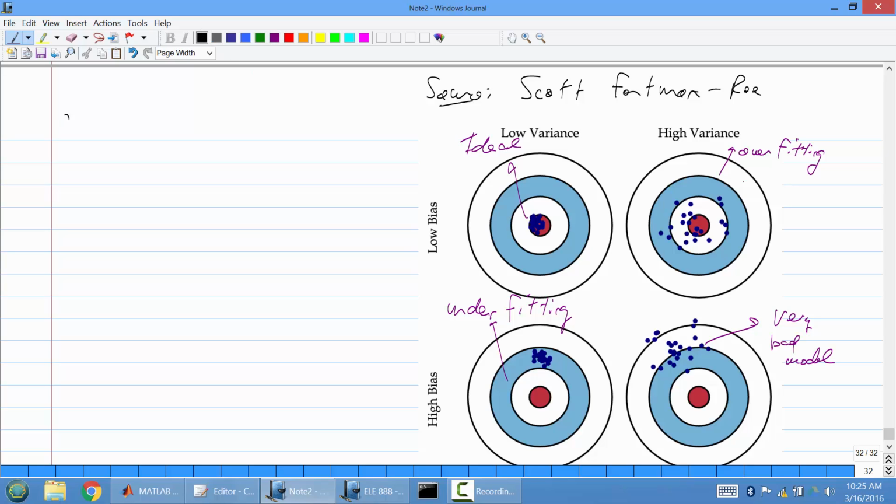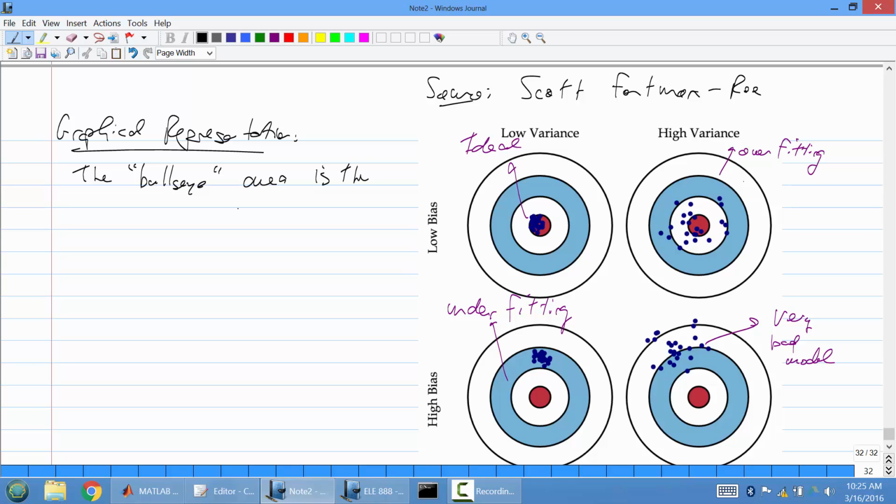So this is a graphical representation. The bullseye area, or the red area, is the expected outputs.